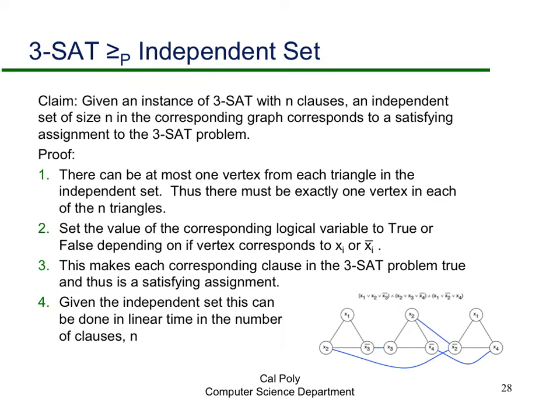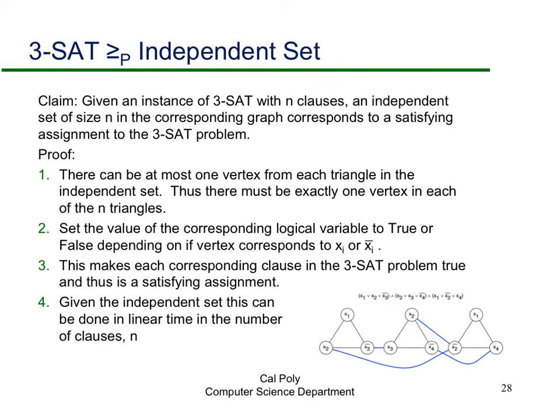So if we have a black box that solves independent set, and this construction takes polynomial time to take 3SAT and construct the graph, and then solve it with the black box, and then polynomial time back to the 3SAT problem, we will have shown that if we can solve independent set in polynomial time, then we can also solve 3SAT in polynomial time. Thus, 3SAT is polynomial reducible to independent set.